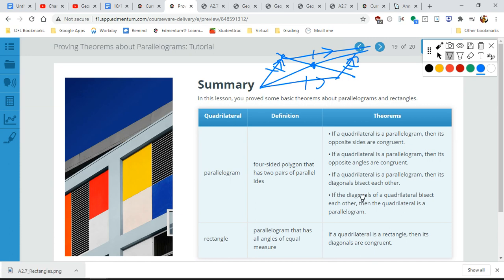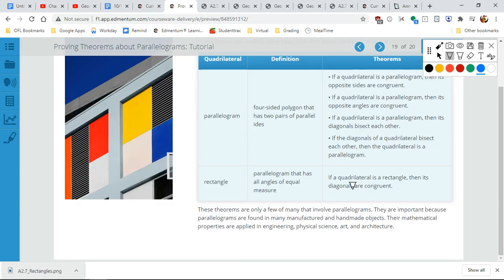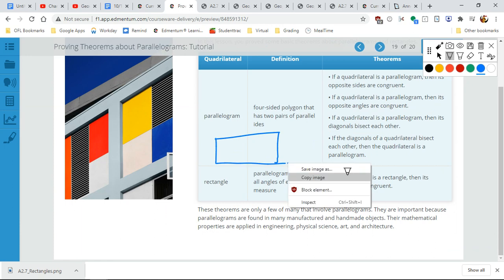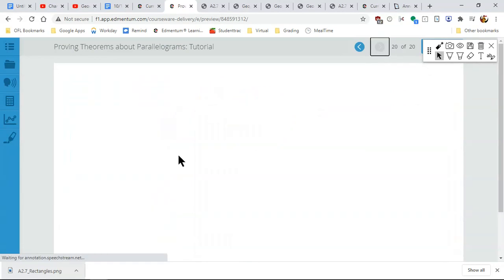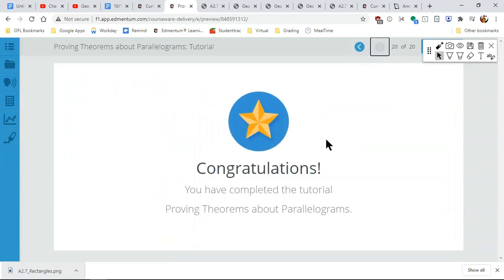All right, and for a rectangle, what's special about it is that not only do the diagonals bisect each other, but they're all equal to each other. So this is why I'm only using one mark instead of two. All right, so those are the main theorems that we're going to use for this mastery test.